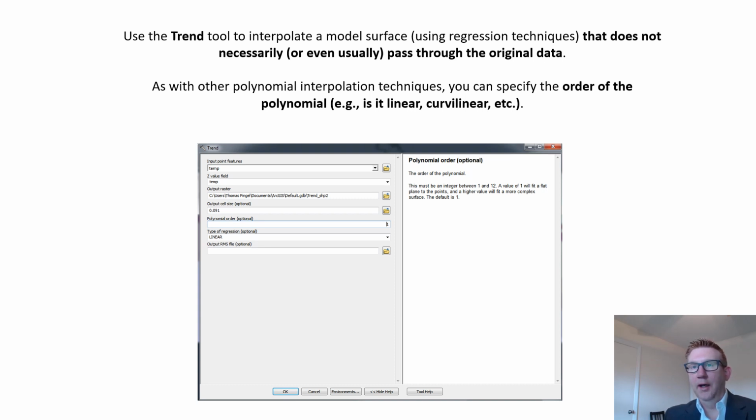If we want to increase that, you can have y equals x squared. If you think back to your quadratic equation days from algebra, y equals x squared plus x plus b, that's a second order polynomial, and it goes on from there. So you have to decide whether your system is linear, straight line linear, in which case you've got a polynomial order of 1, or curvilinear or beyond.